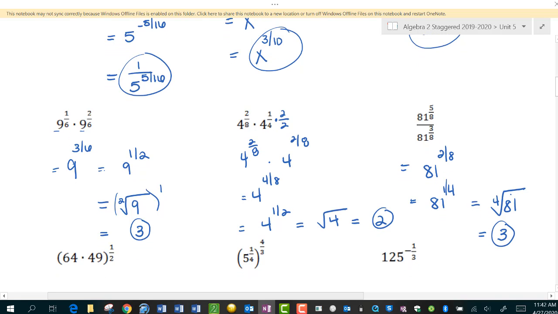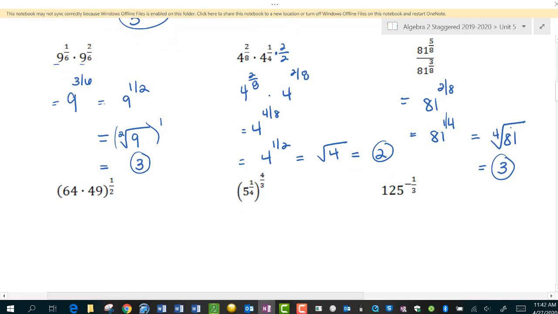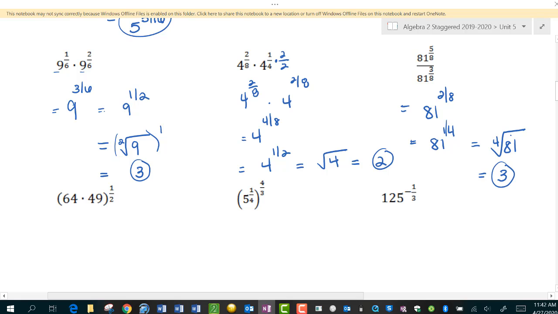Okay, I have just a few more examples here. So remember, at any point you can always go back, rewind, pause if you need a little bit more time on each example. So this next one's 64 times 49 to the power of 1/2. In this case, I can actually distribute that exponent. So it becomes 64 to the power of 1/2 times 49 to the power of 1/2.